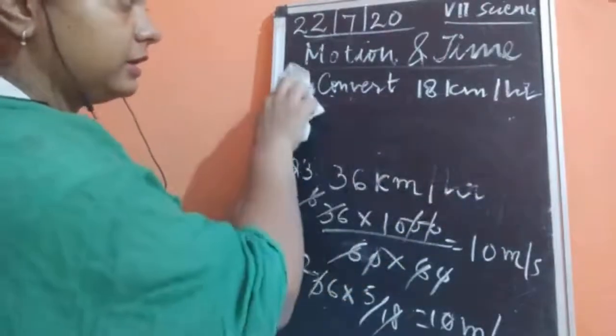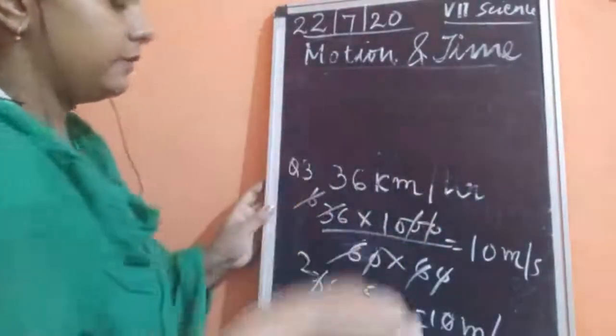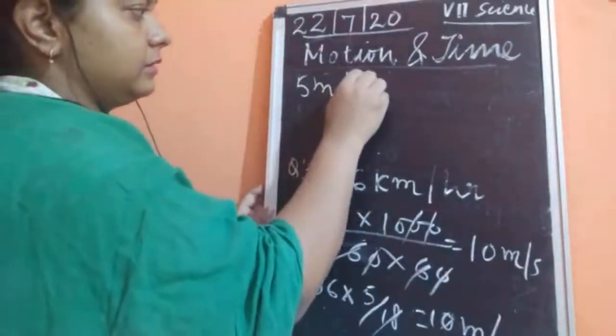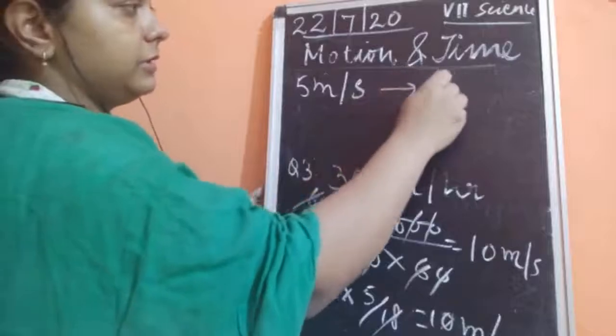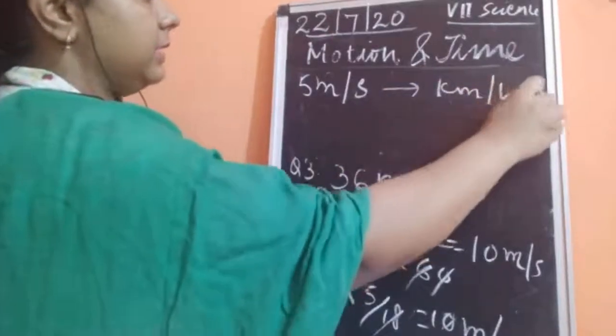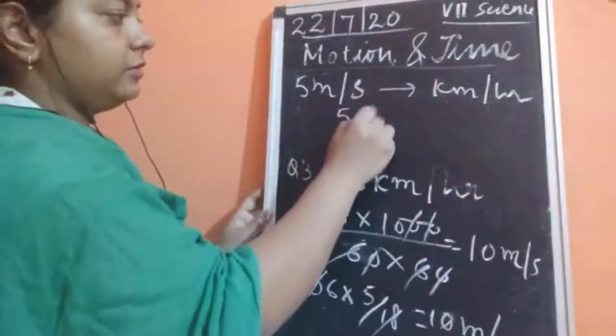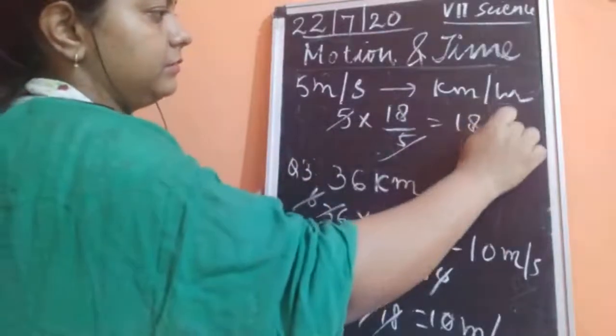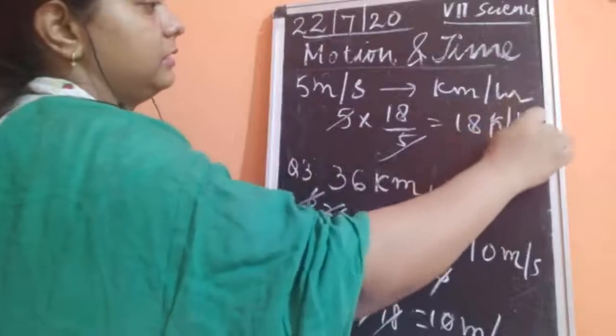Now let us convert this. If I take this 5 meter per second, you need to convert this into kilometer per hour. Just multiply it by the reciprocal, 18 by 5. It gives you 18 kilometer per hour.